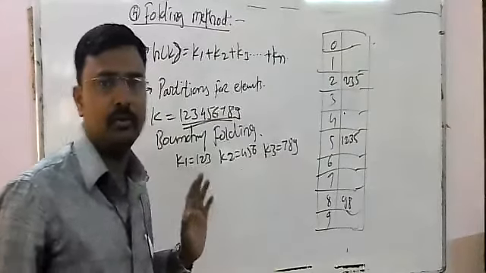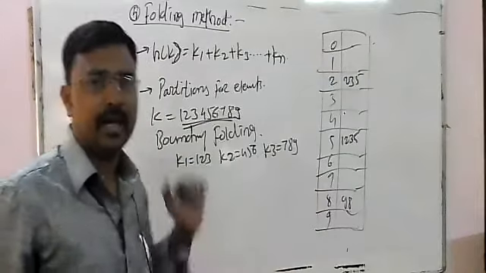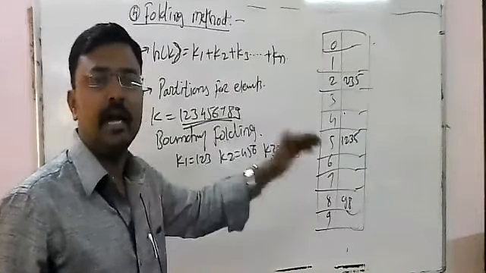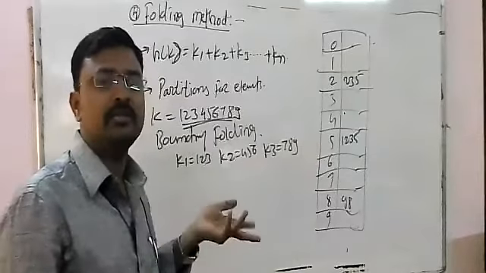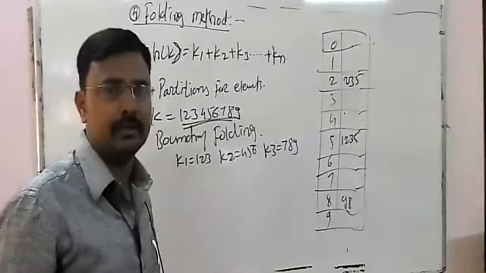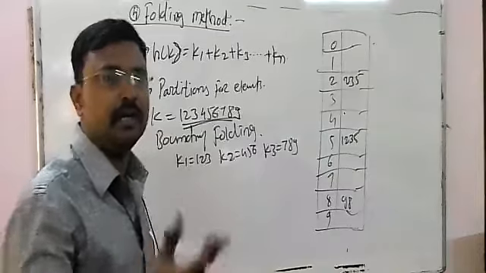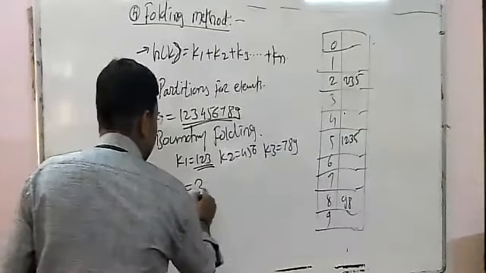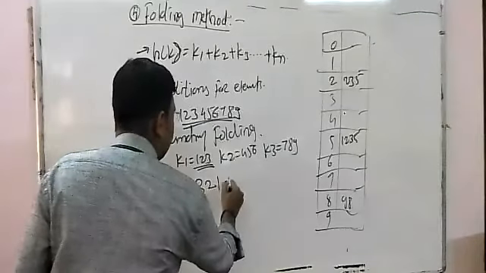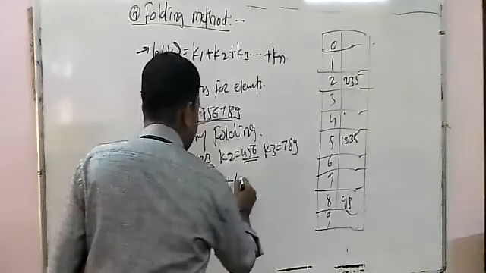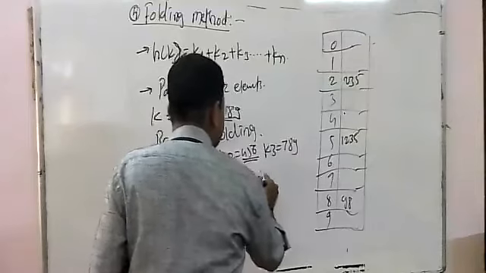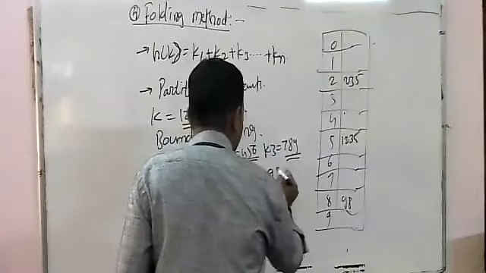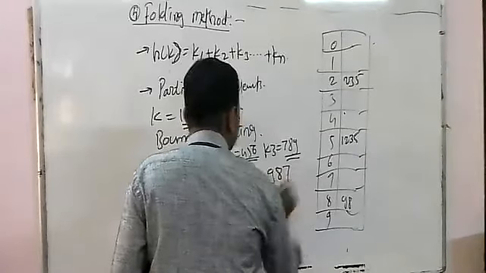What we have to do is take the first subkey and the last subkey, and these two values are reversed. 1 2 3 becomes 3 2 1, plus 4 5 6, which you keep as it is, and 7 8 9 will be reversed as 9 8 7.